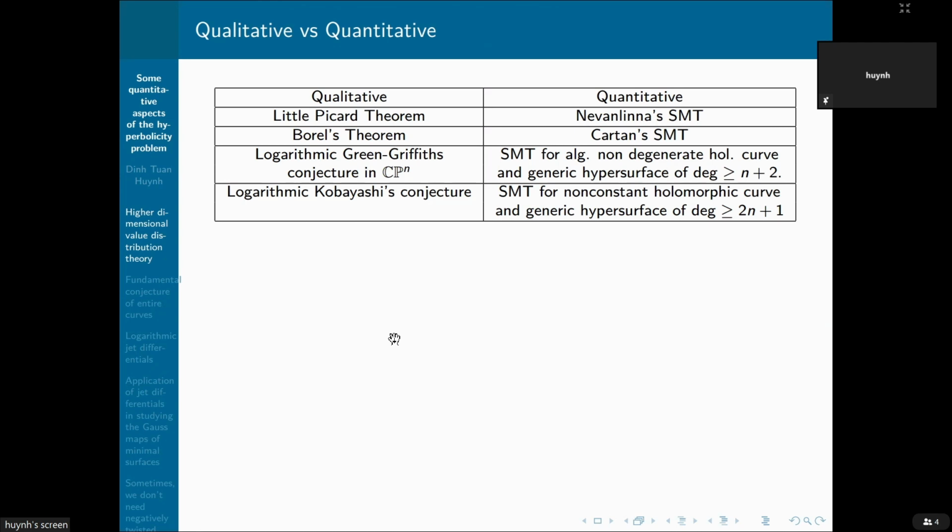And similarly for the Kobayashi conjecture, if you expect the logarithmic Kobayashi conjecture, then you could also expect a second main theorem for non-constant holomorphic curves and generic hypersurfaces of degree greater than 2n plus 1. So these latter two SMTs are still in our dream.